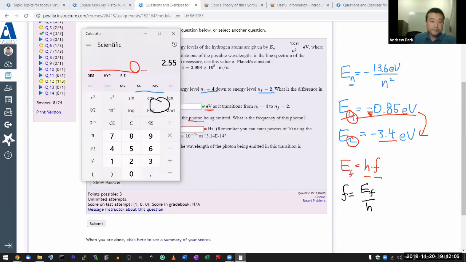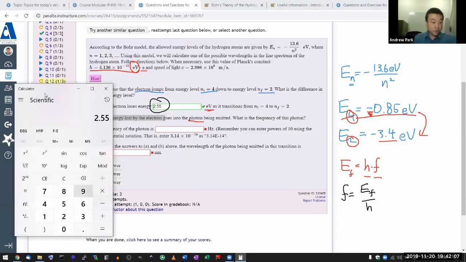So let's plug in the numbers. I already have 2.55 in electron volt units, divided by the Planck constant in electron volt units, 4.136 times 10 to the power of minus 15 is equal to, darn, that's a super large number.